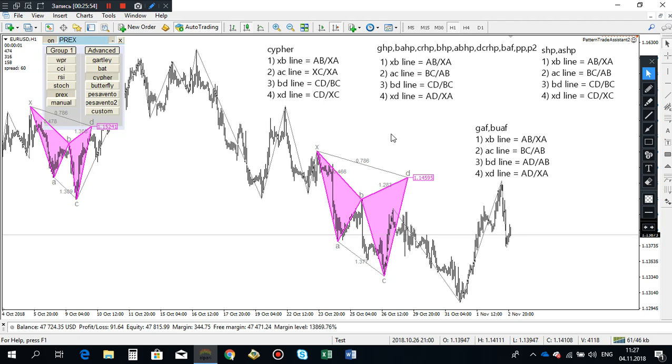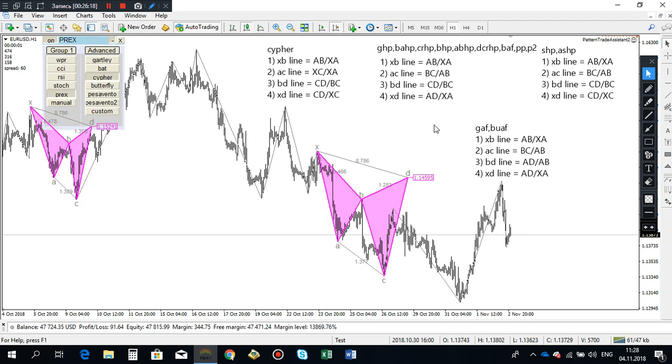But nowadays I don't see anybody using this 161 AB extension for BATs, and that's why the BAT is calculated similar to harmonic patterns. So the BAT's ratios are similar, so we compare similar legs, identical legs.